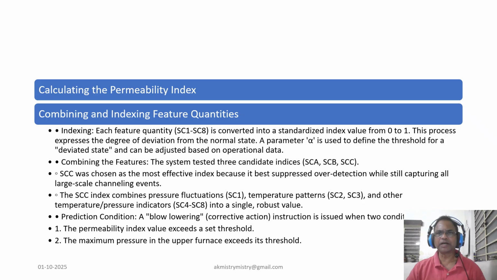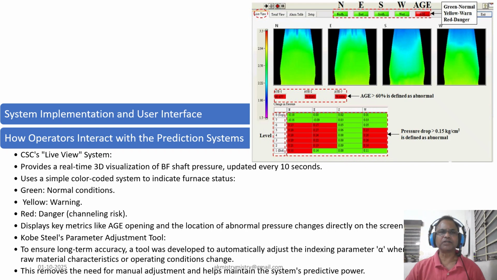Coming to the other aspect, the system implementation and user interface, how the operator interacts with the prediction system. This CSC live view system provides a real-time 3D visualization of BF shaft pressure updated every 10 seconds.